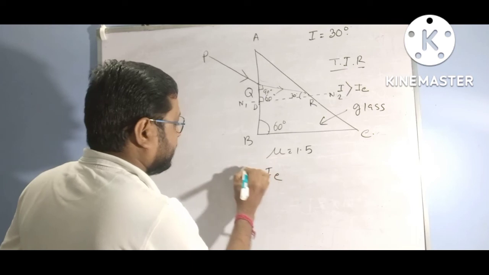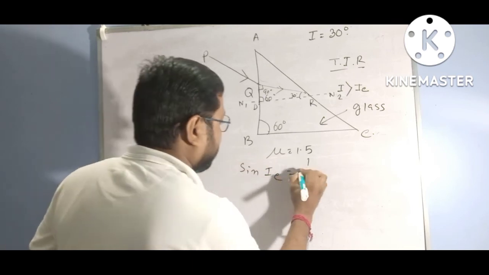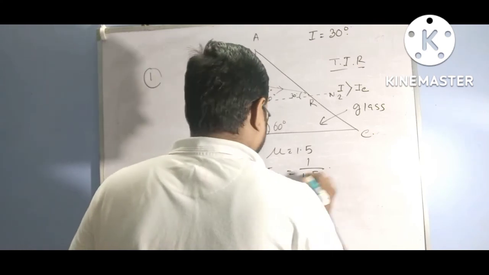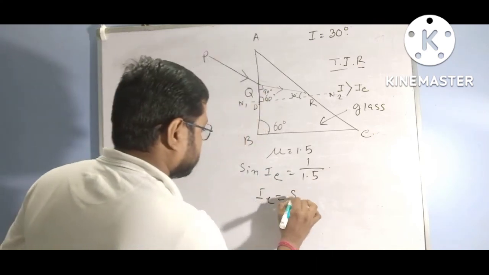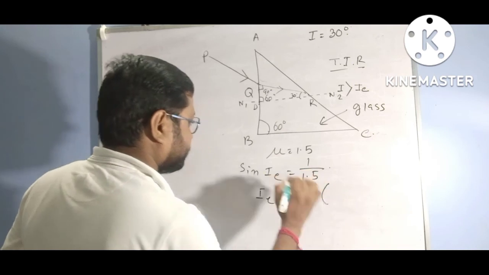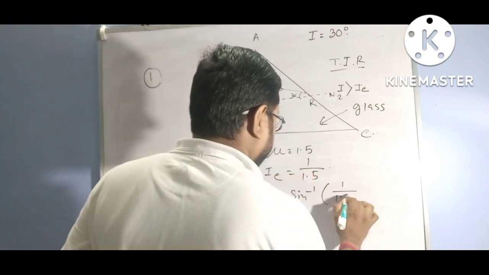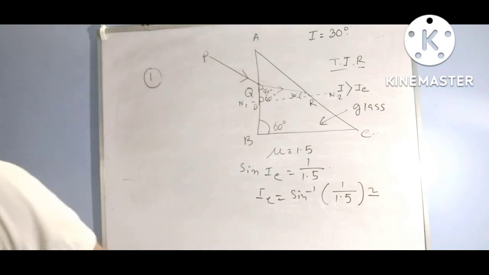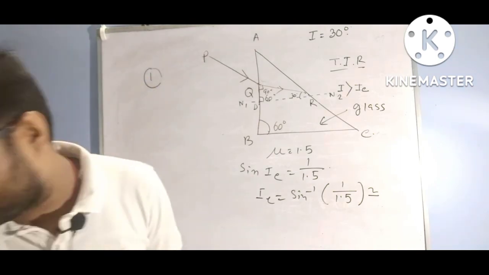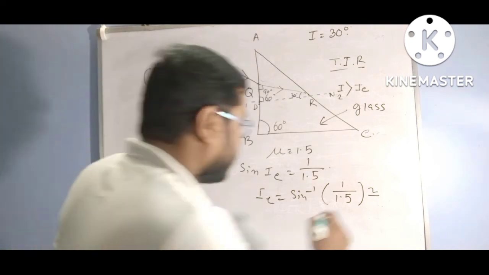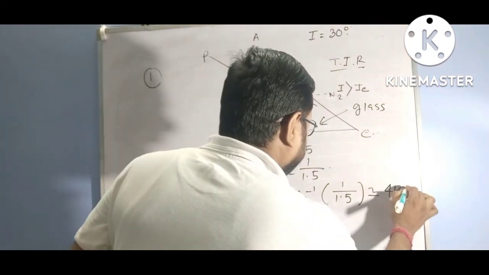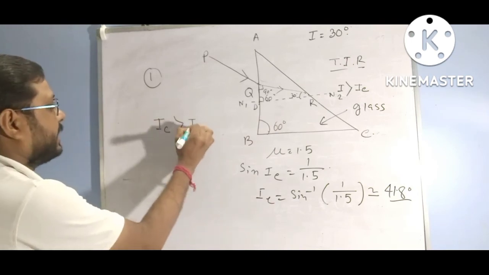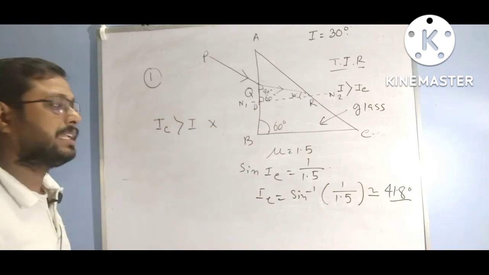So sin IC equals 1 by mu, which is 1 by 1.5. So IC equals sin inverse of 1 by 1.5, which is nearly equal to 41.8 degree. So the value of IC here is greater than I, which is not the case of internal reflection.